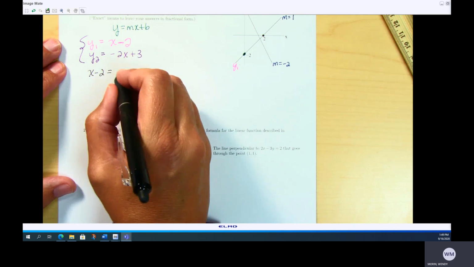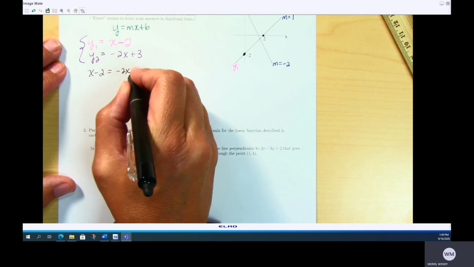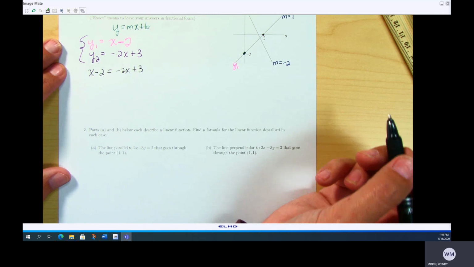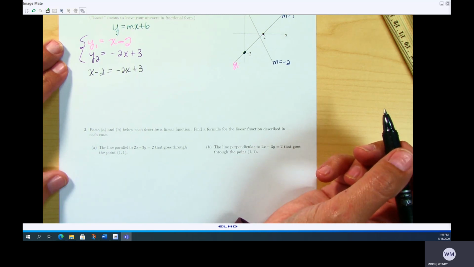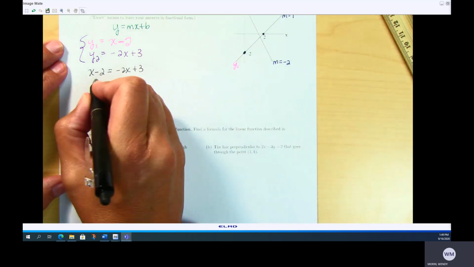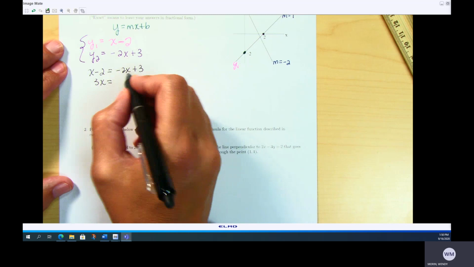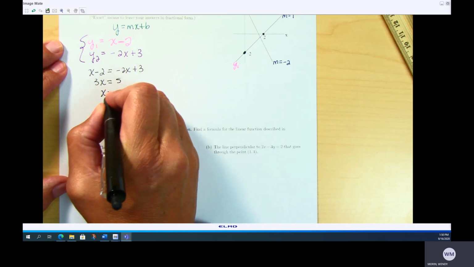So when are the equations, or the lines, equal to each other? So solve for x. If you want to stop the video and try it yourself, you can. We are going to add 2x to both sides. We are going to add 2 to both sides, and we are going to divide by 3.